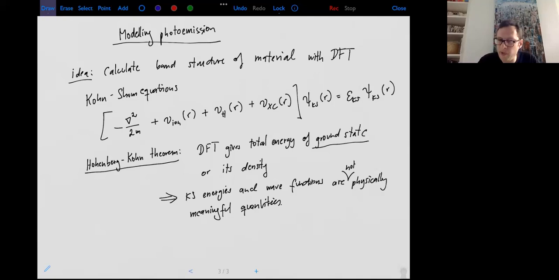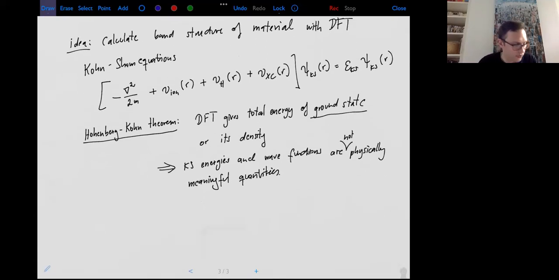Right? If you remember, Kohn and Sham introduced these electrons because it was just so hard to approximate the total energy as a function of the density. So that's the reason why they introduced these Kohn-Sham electrons. But it's very important that the Kohn-Sham energies and wave functions are not physically meaningful quantities.